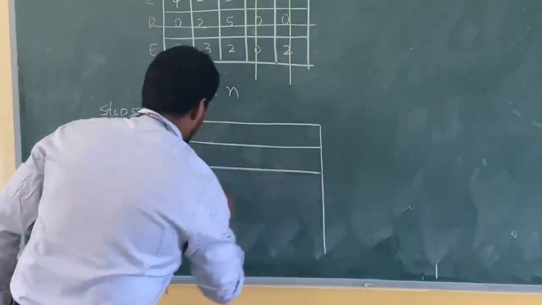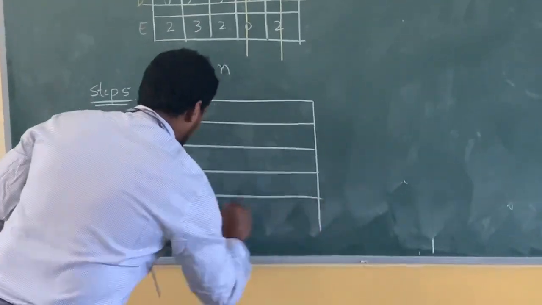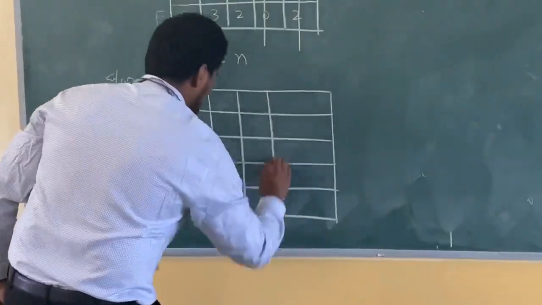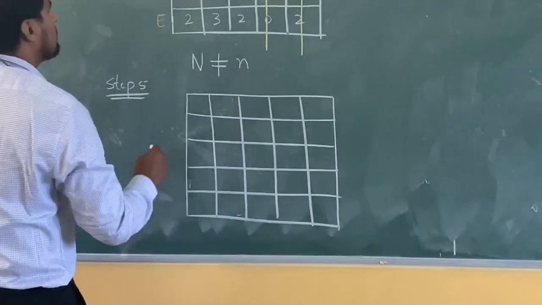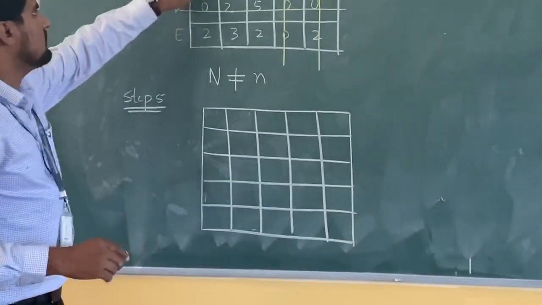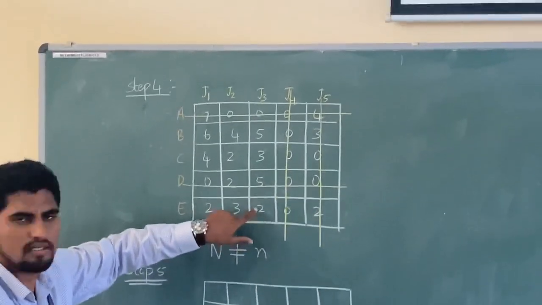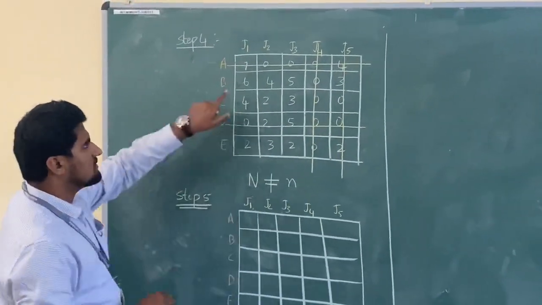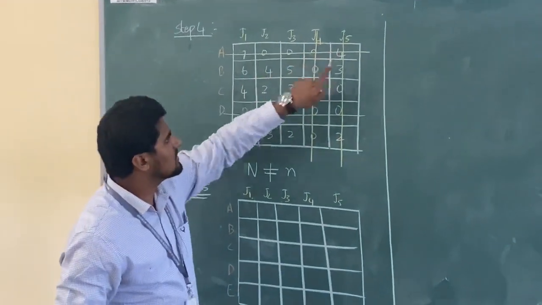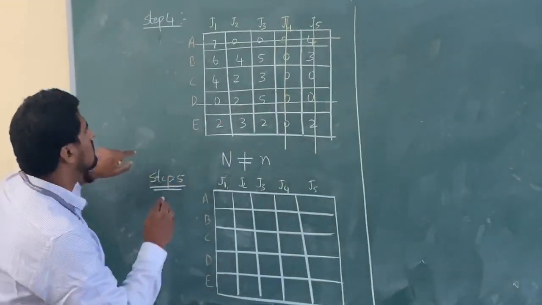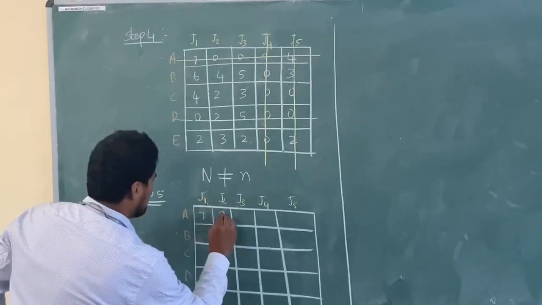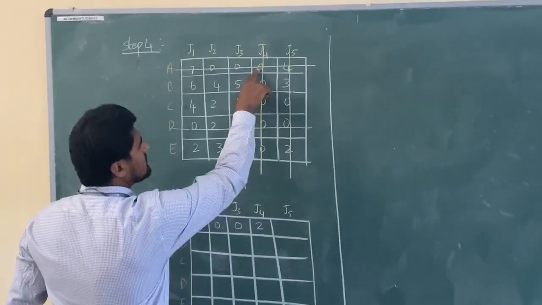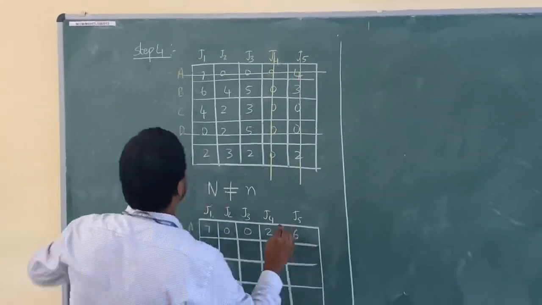1, 2, 3, 4 and 5. Here you need to check the least number. It is 2 in this case, right? Now subtract 2 from these uncovered elements. At these intersection points you need to add 2. So here it is 7, 0, 0. It is 2, 0 plus 2, and again 4 plus 2 is 6.